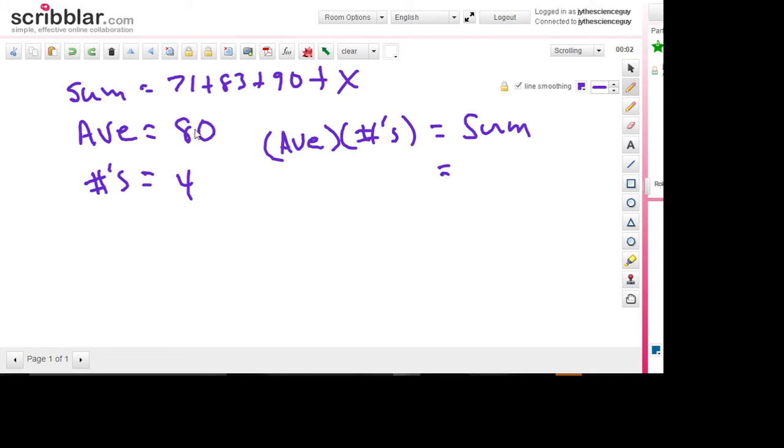So I can take 80, was it supposed to be 84? Yeah, 84. So I'm going to take 84 times 4, and that's going to be equal to X plus... 16 plus 8 is 24, so 224.